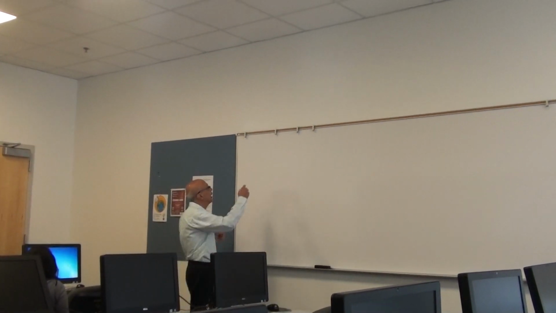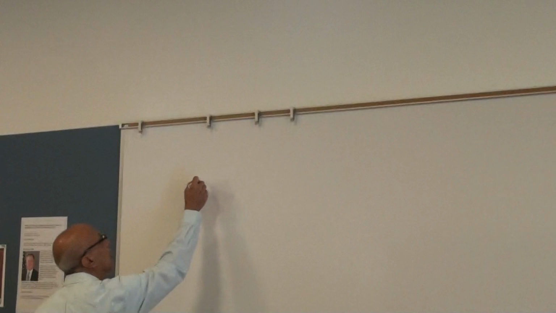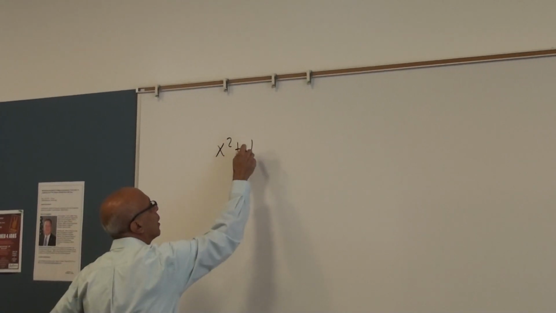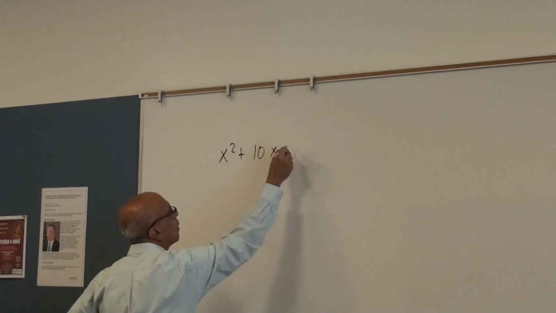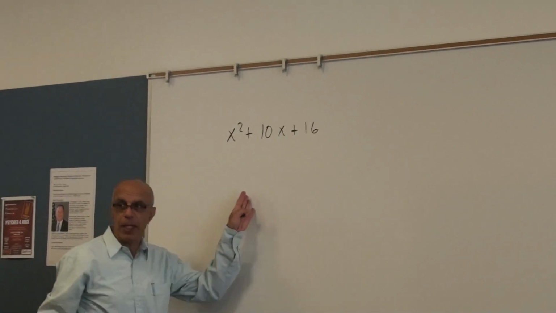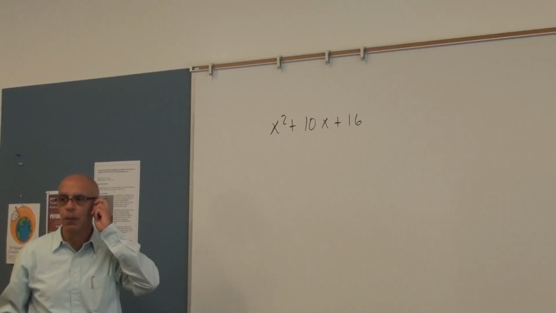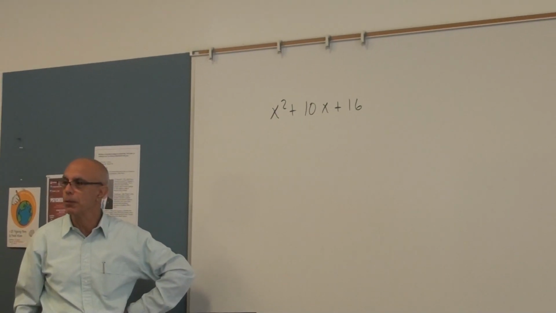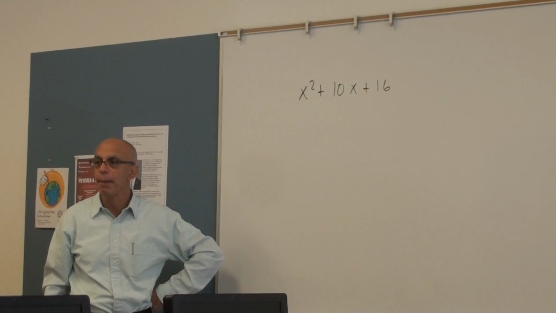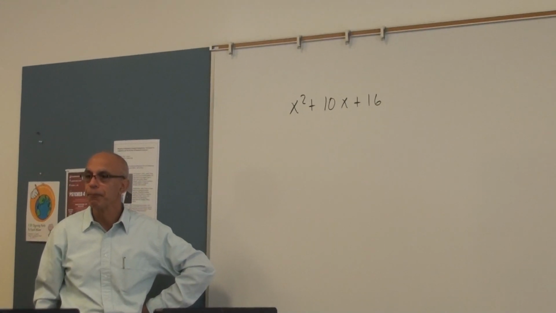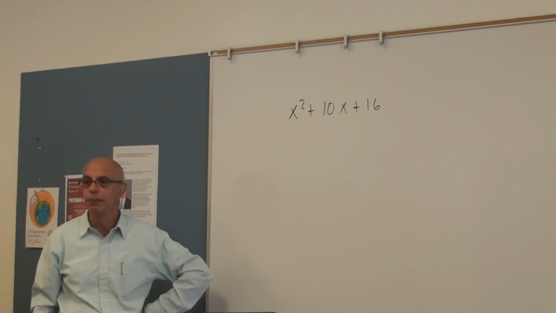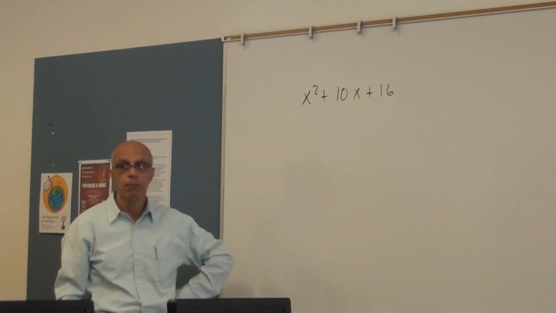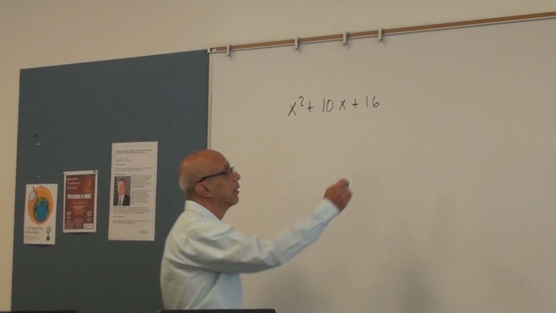So let's say I have a quadratic equation just like this one here. And if I ask you to factor, how would you do it on this one? Yes? The factors of 16: 1 and 16, 2 and 8, and 3 and 4.